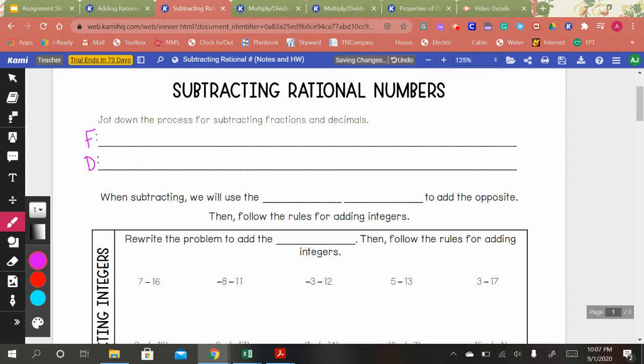All right, so when we subtract fractions, we need to make sure we are finding the least common denominator first. Then we will subtract the numerators. After we subtract the numerators, we will keep the denominator the same and simplify.